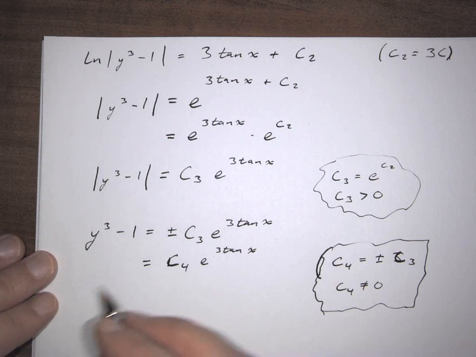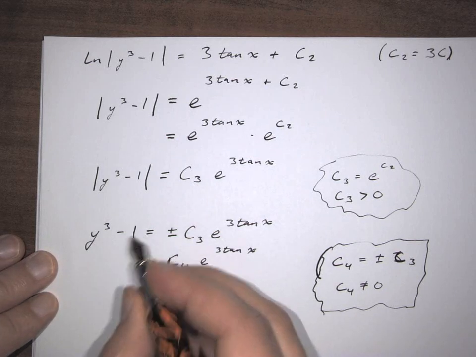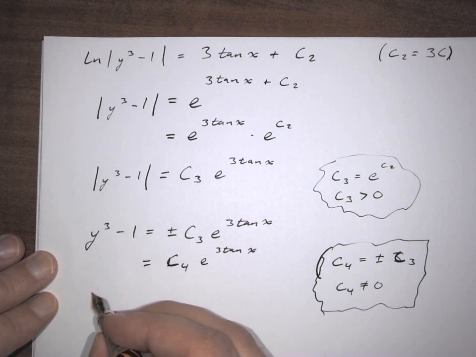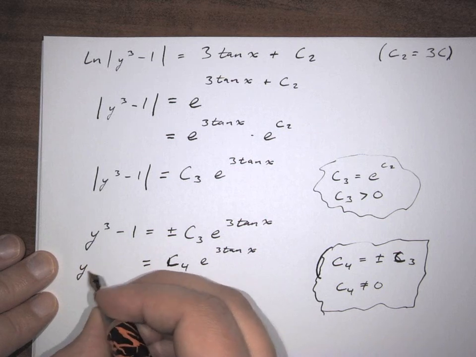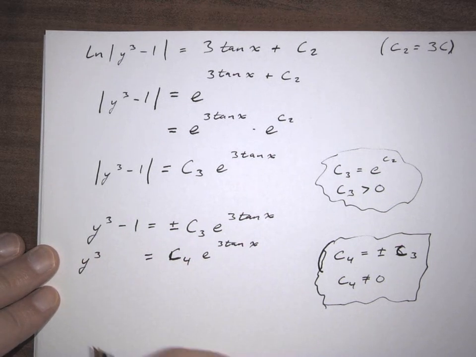So there's that. And then finally, we can start to get to the end of the line here. So we got y cubed minus 1 equals that.